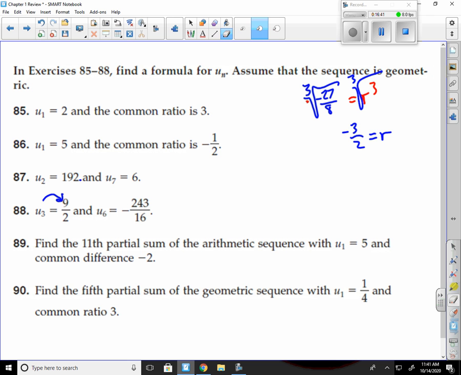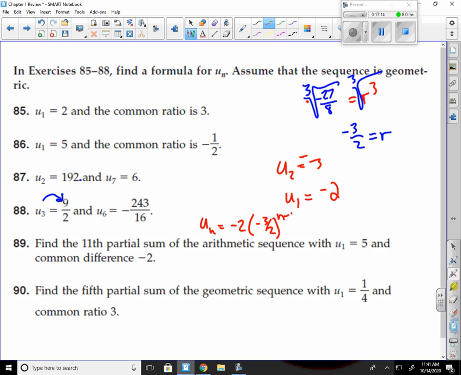Sorry, that should have been negative 2/3, because I'm not multiplying by the opposite reciprocal, just the reciprocal. And this was already a negative. So u sub 2 should be negative 3. U sub 1 should be negative 2. So now my formula is u sub n equals negative 2 times negative 3 over 2 to the n minus 1.